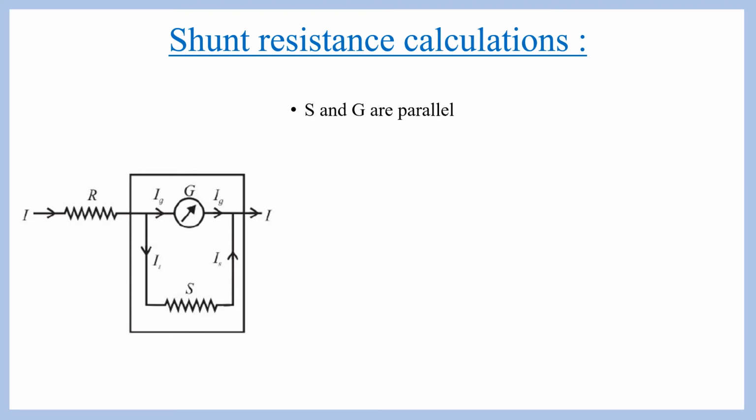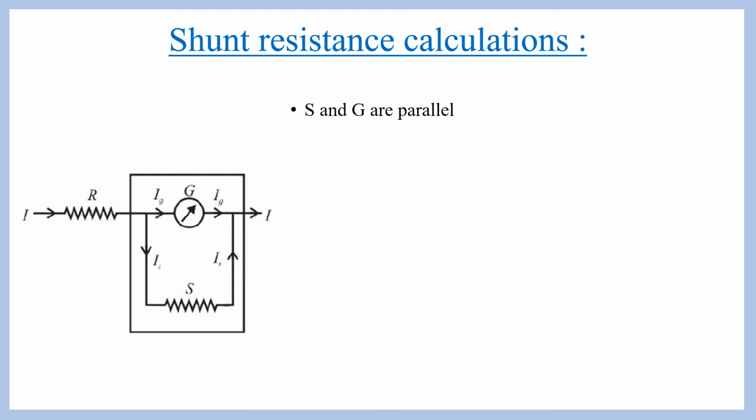As I have already mentioned, the shunt resistance is connected parallel to the galvanometer. So you can see S and G are parallel. Galvanometer has a resistance which is represented by capital G, and the shunt resistance is represented by S. Now you can see two resistances connected parallel.